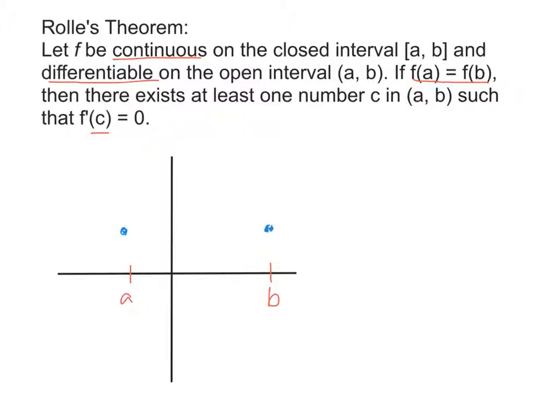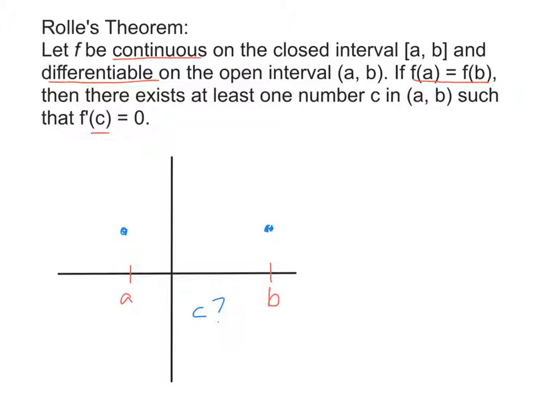Well, if that's true, there's going to be some number c, and again, we don't know what it is, we don't know where it is, but there's going to be an x value in between a and b here. In between a and b, there's going to be some other value where the derivative at that number equals 0, which means there's got to be a horizontal tangent.